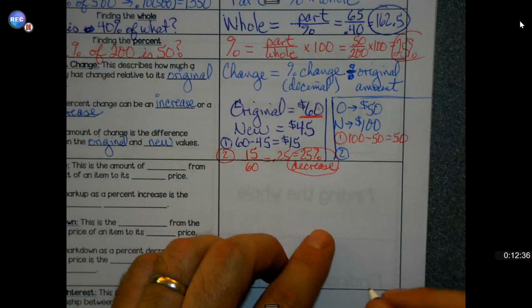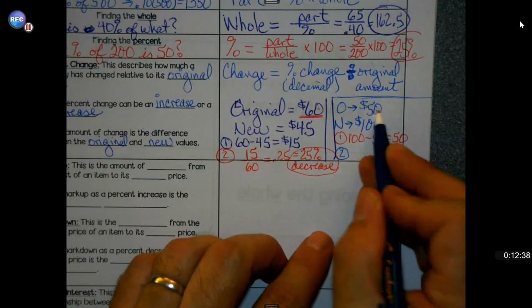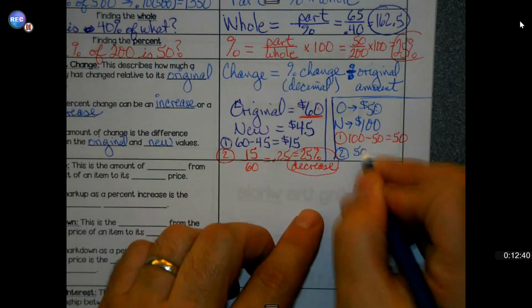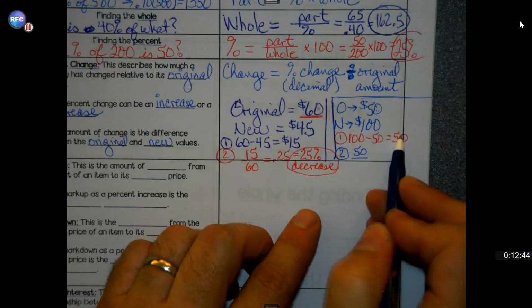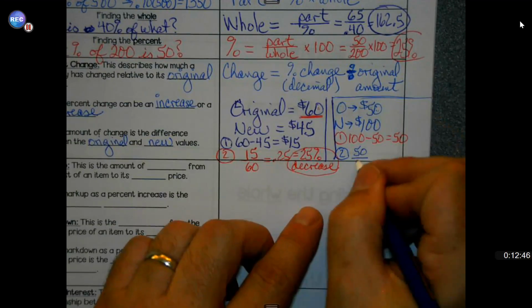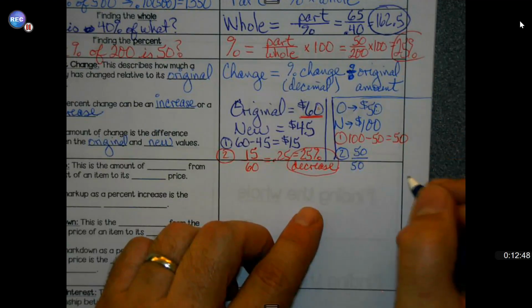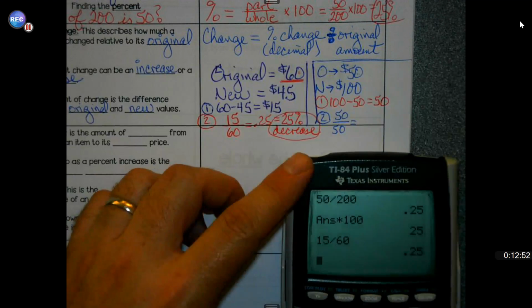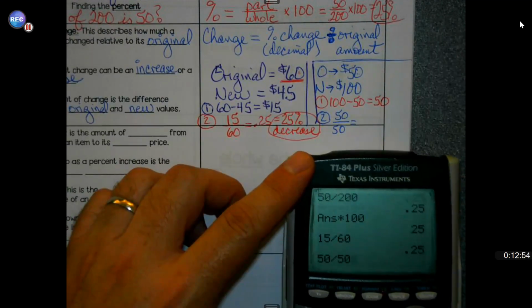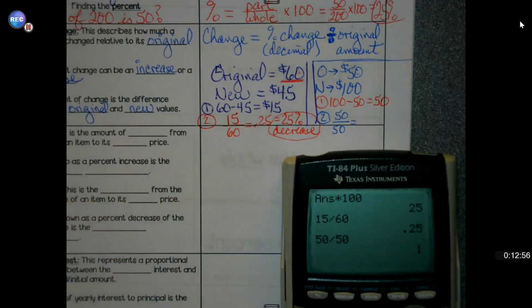So now you take your original 50, your difference 50, divide it by your original, which in this case is also 50. Oofta, this is going to be big. Now watch it here. The temptation's going to be there. 50 divided by 50 is 1.